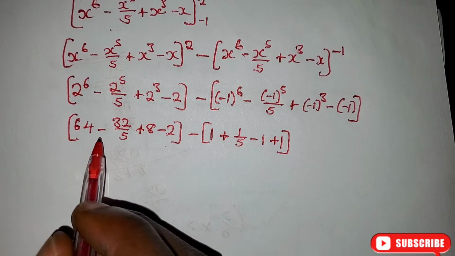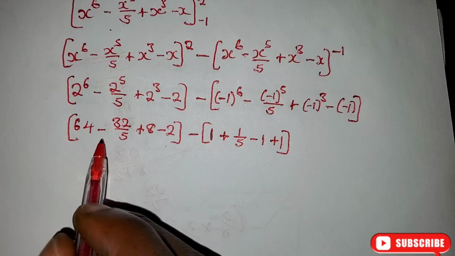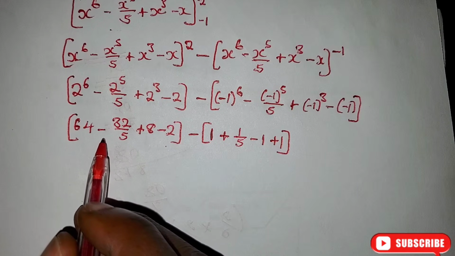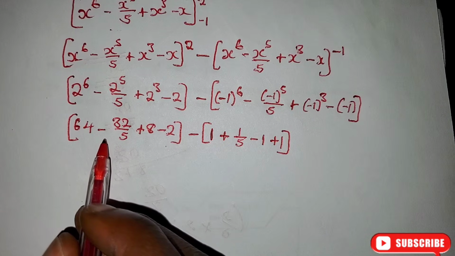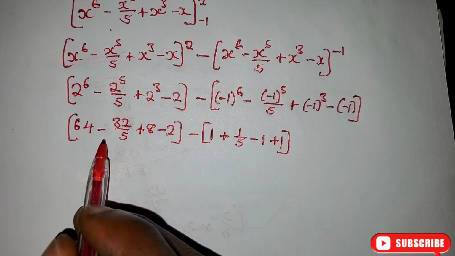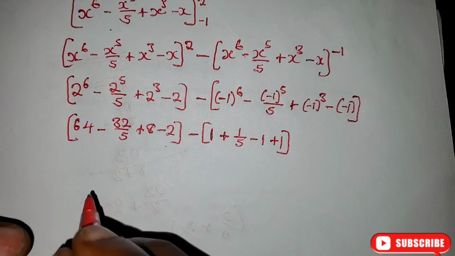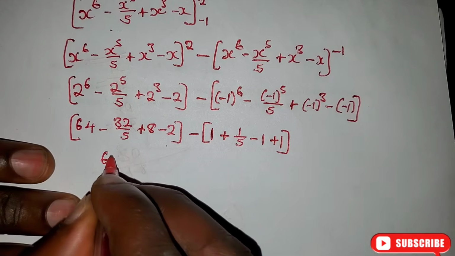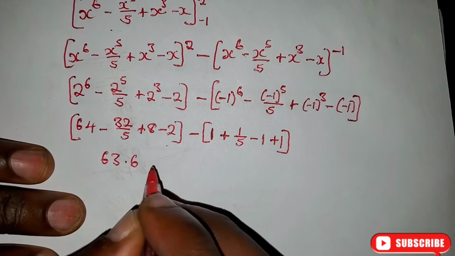Alright, so you can say 64 minus 32 over 5 plus 8 minus 2. Okay, this is giving me 63.6.